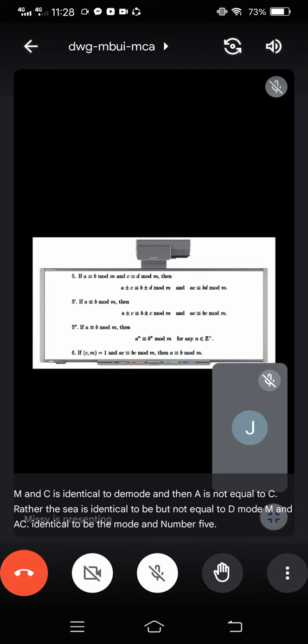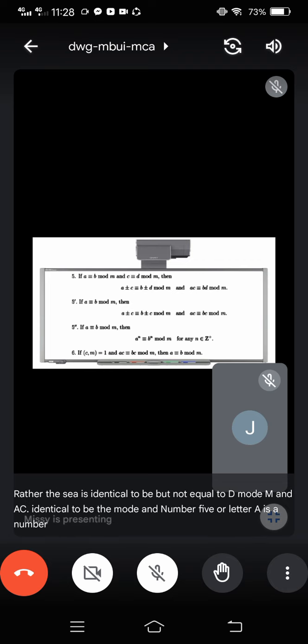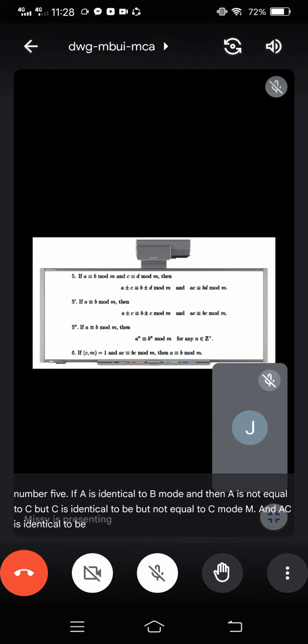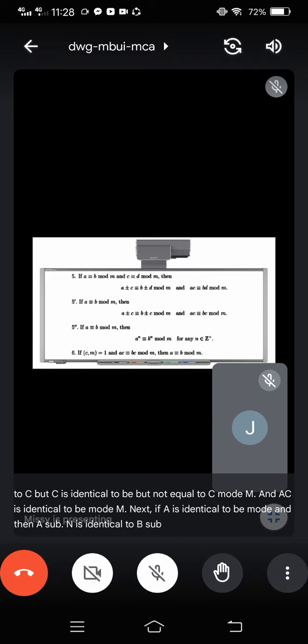Next, if a is congruent to b mod m, then a to the n is congruent to b to the n mod m for any positive integer n.